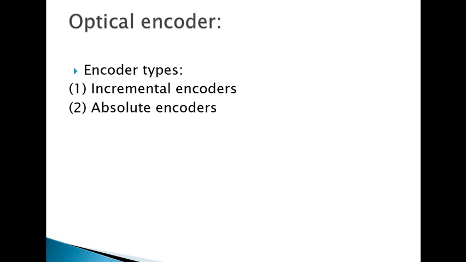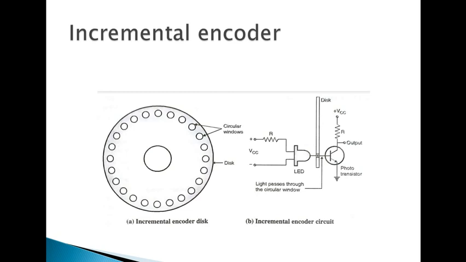There are two types of optical encoders. The first is the incremental encoder and the second is the absolute encoder. Let us see the incremental encoder. Just see this diagram carefully.